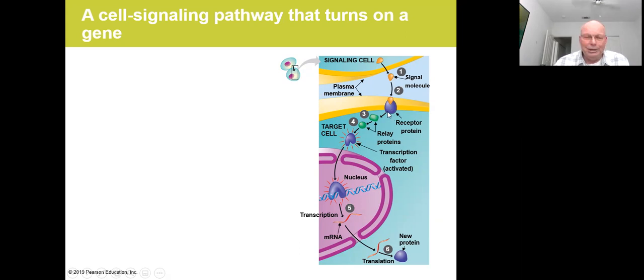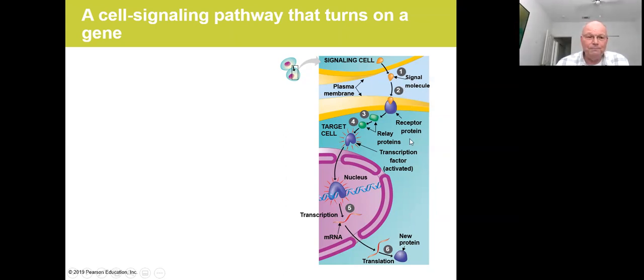The receptor protein then initiates a cascade of changes in proteins inside the cell that sets up a relay of the message to a transcription factor that will then enter the nucleus and activate transcription of the target gene that is the target of this transcription factor or transcription factors. That then produces the transcript, which is exported from the nucleus and gets translated by ribosomes into the protein whose presence is being triggered by the presence of this signal protein.